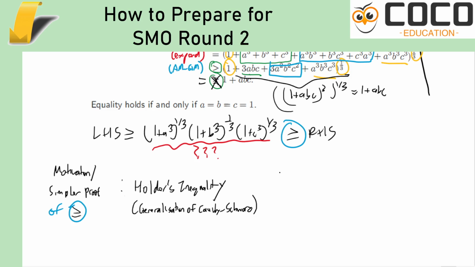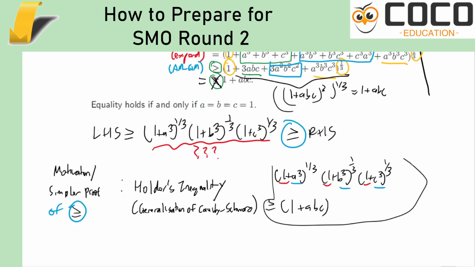But what Holder's inequality would actually do is that, just like your normal Cauchy-Schwarz, you take the geometric mean of all the first terms, and you take the geometric mean of all the second terms, which would be now ABC, and that is essentially what Holder's inequality does immediately.